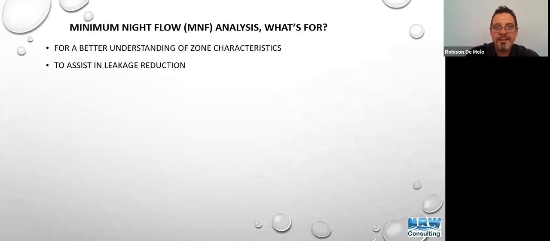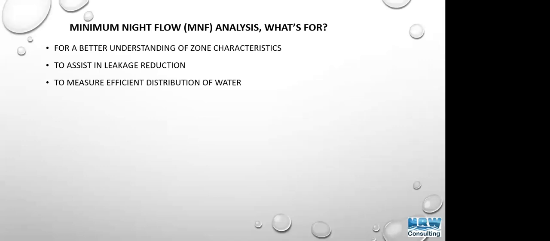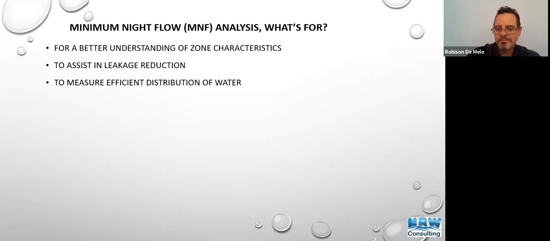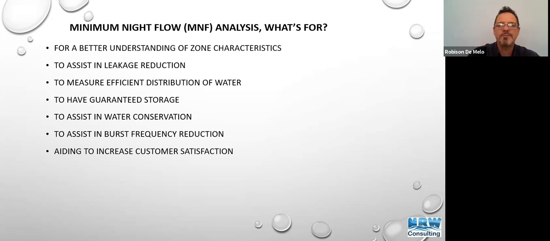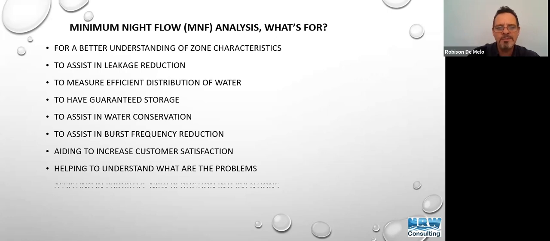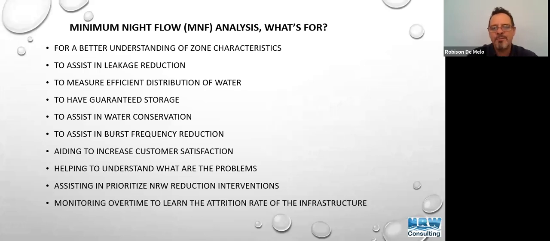It's to assist in leakage reduction, to measure efficient distribution of water, to have a guaranteed storage, to assist in water conservation, to assist in burst frequency reduction, aiding to increase customer satisfaction as well, helping to understand what the problems are, assisting in prioritizing NRW reduction interventions, and monitoring over time helps us to learn the attrition rate of the infrastructure.